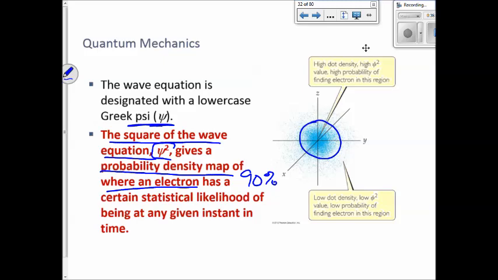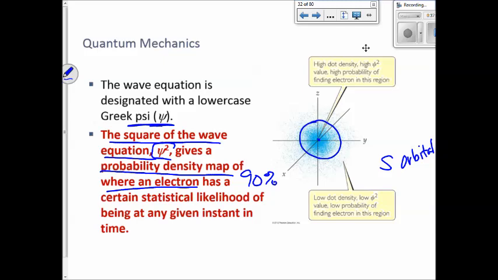This graph denotes which type of orbital: an s orbital. Remember, s orbitals are spherical, like round spheres around the nucleus, which would be dead center on the map.